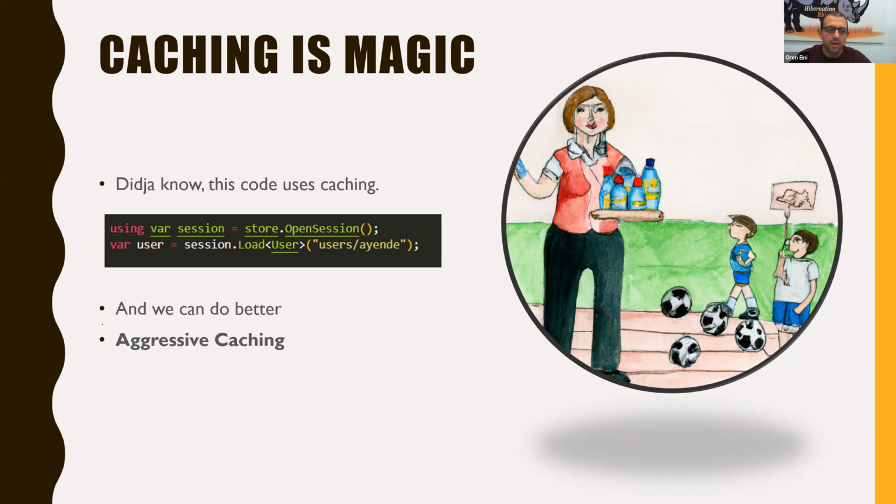Another aspect is that we have the notion of aggressive caching. And with aggressive caching, I'm actually inverting this relationship. Instead of going to the server each time and asking, was it changed? Was it changed? Was it changed? I'm going the other way around. I'm going to the server and telling it, let me know when a document changes. And until that happens, I can serve results directly from my in-memory cache.